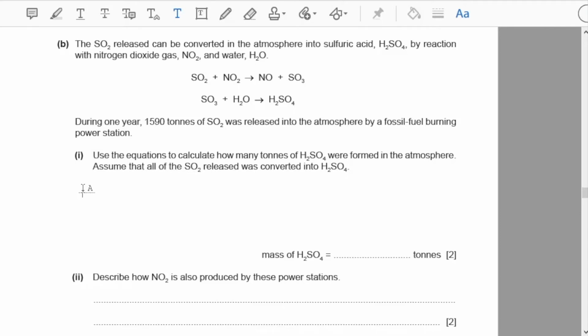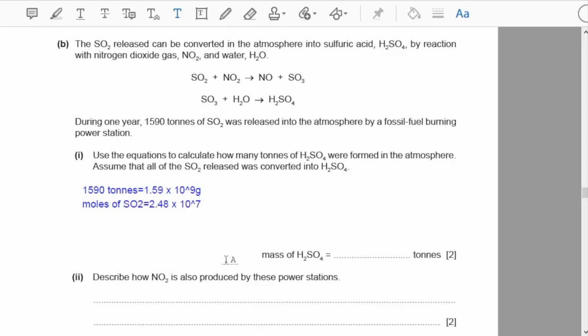Since 1 ton is equal to 10 to the power 6 grams, 1590 tons is equal to 1.59 times 10 to the power 9 grams. Now calculate the number of moles of SO2 by dividing 1.59 times 10 to the power of 9 grams by the RFM of SO2. So moles of SO2 is equal to 2.48 times 10 to the power 7.